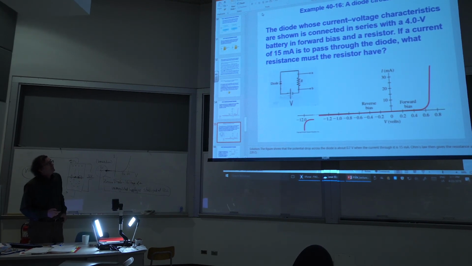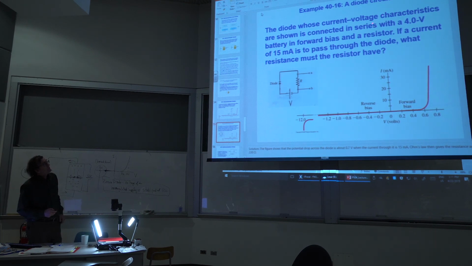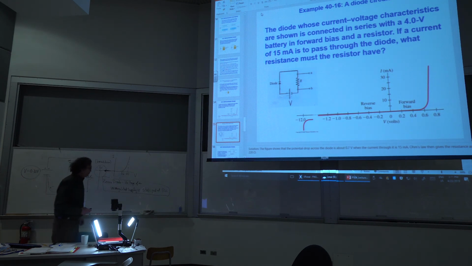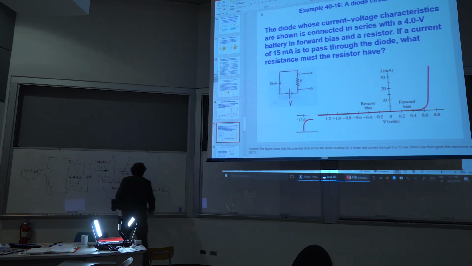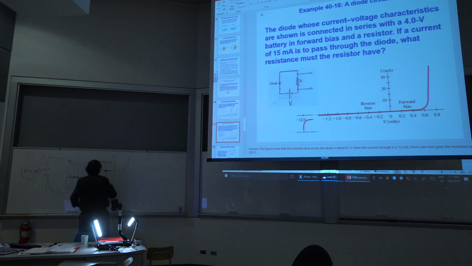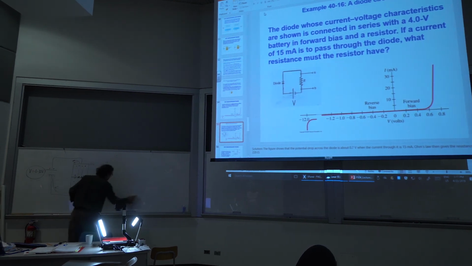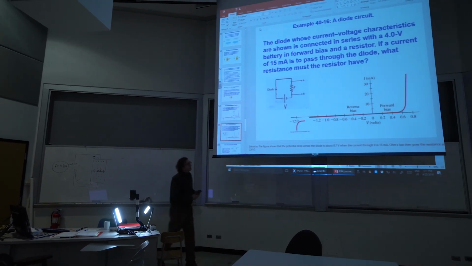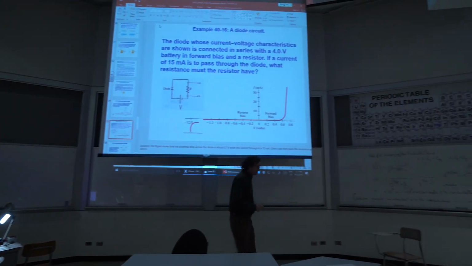We have a diode whose current voltage characteristics are shown below, and it is connected in series with a 4-volt battery in forward bias and a resistor. And we're asked to find out what resistor is required in order to maintain 15 milliamps of current across the resistor.